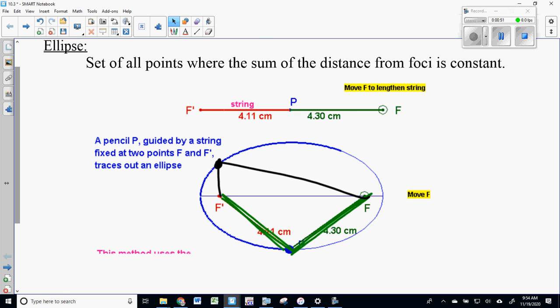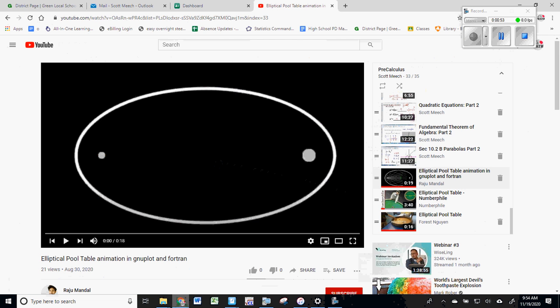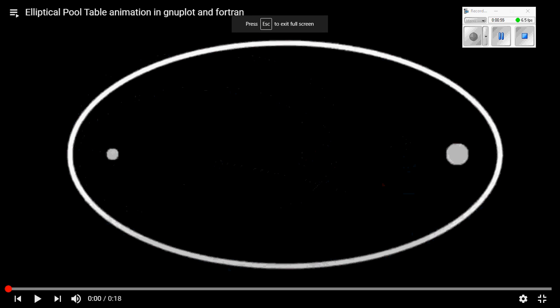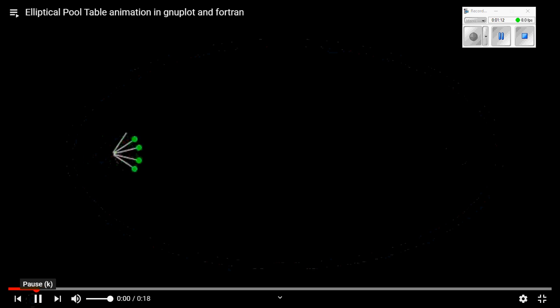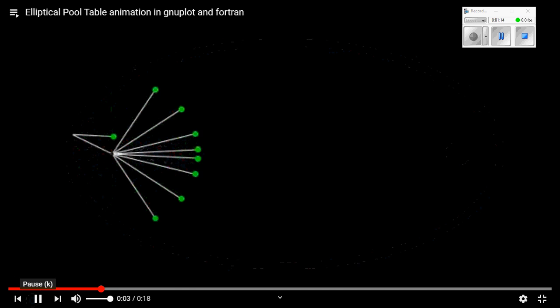Now, one of the cool things about ellipses has to do with those two foci. So let me show you what I mean here. So here is a video of an ellipse, okay? And then what's going to happen is, pretend that this focus right here is like a light bulb or something sending out a signal. Make sense? And watch what happens. Hopefully you don't have a seizure, it's a little flashy.